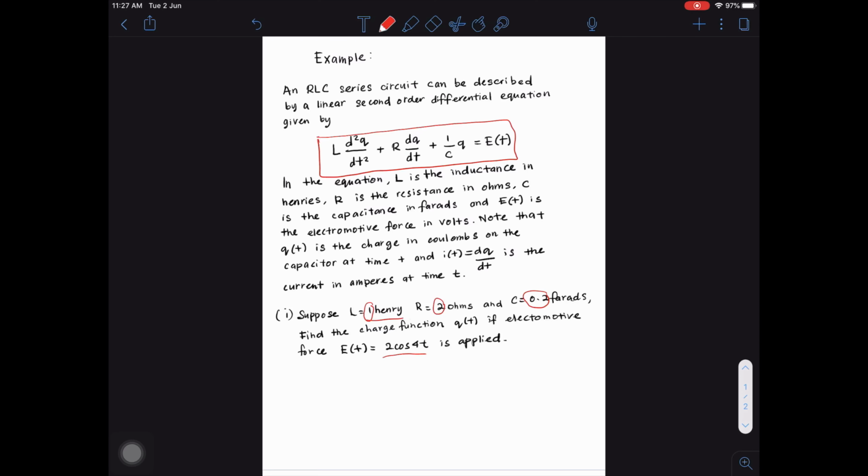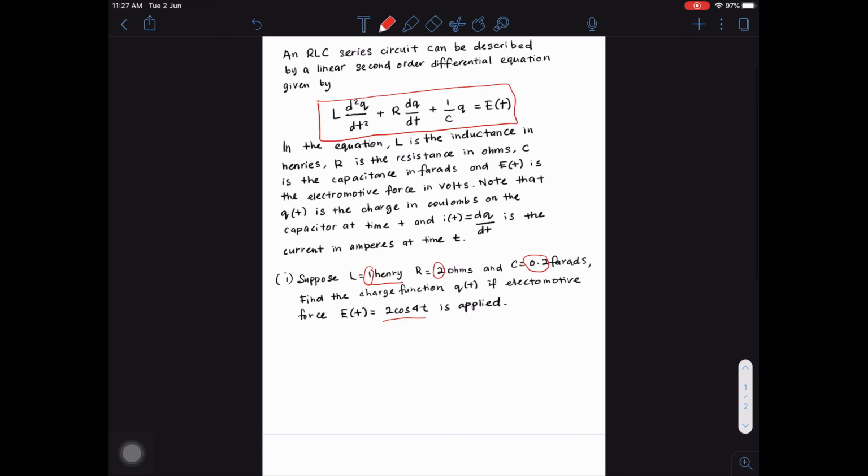What you need to do is substitute all the values into the equation above.